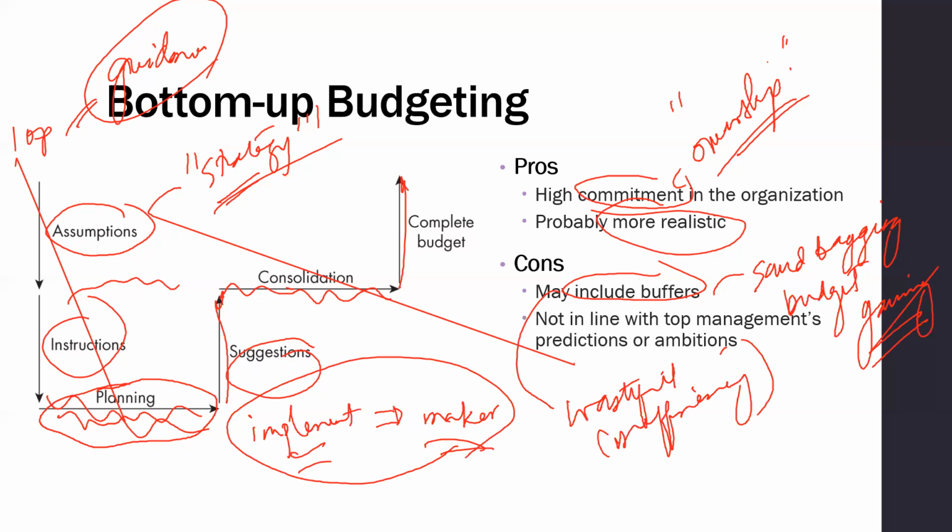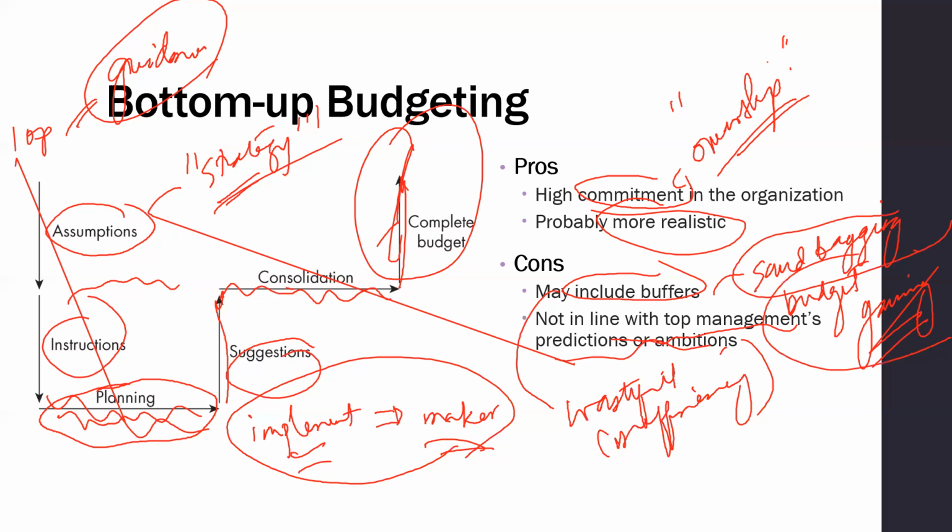Siyempre, dadagdagan nila yung mga sarili nilang budget. Okay? So the resulting budget here might not be in line with the ambitions or predictions of that management. And it could be wasteful because there could be sandbagging or there could be budget gaming. So yung bottom-up budgeting is also not perfect.